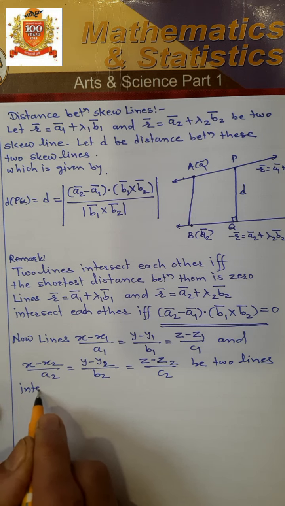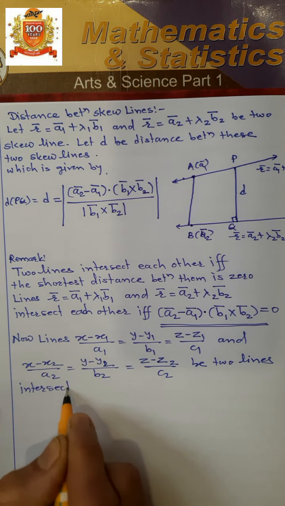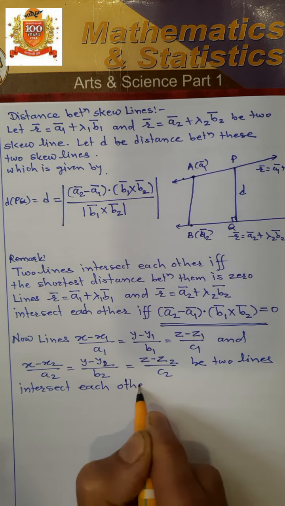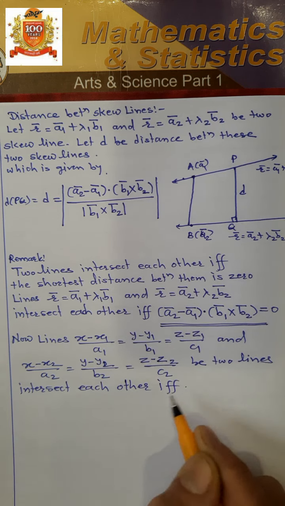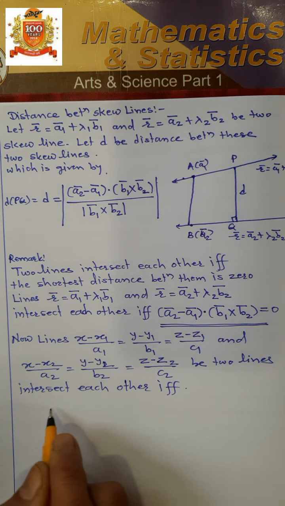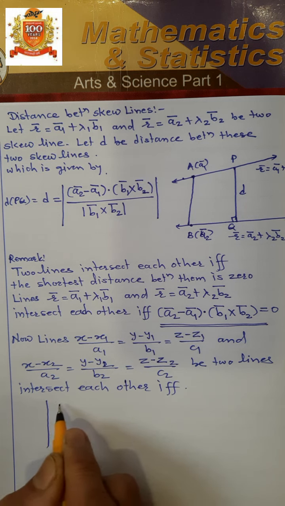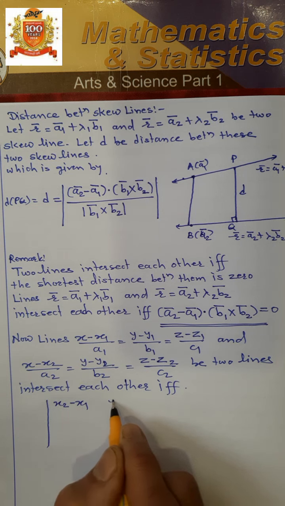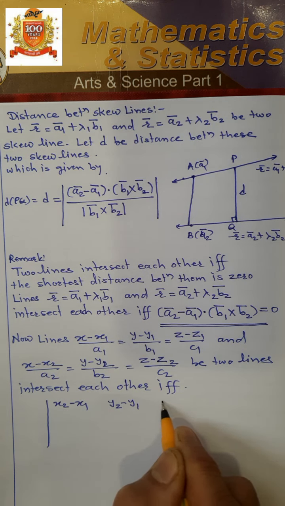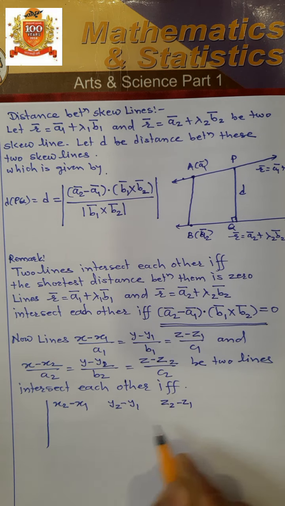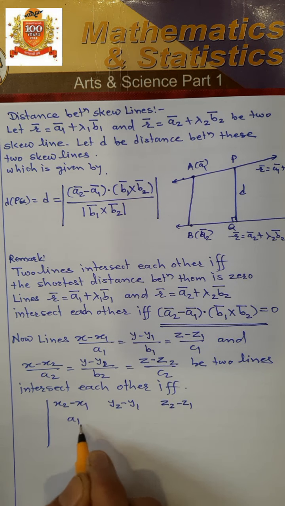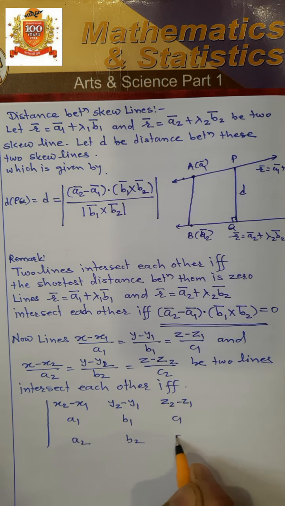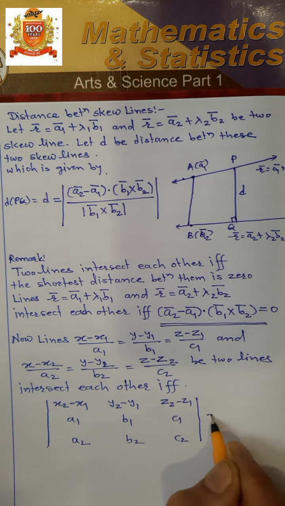They intersect each other if and only if the determinant of x2 minus x1, y2 minus y1, z2 minus z1, a1 b1 c1, a2 b2 c2 is equal to 0.